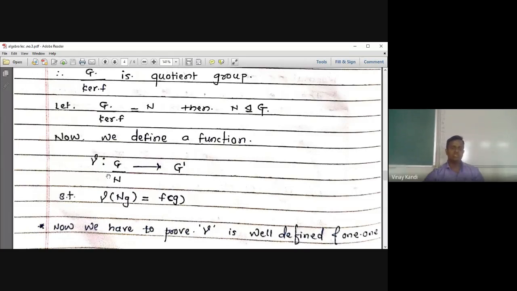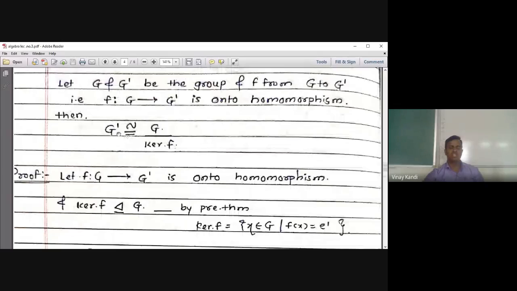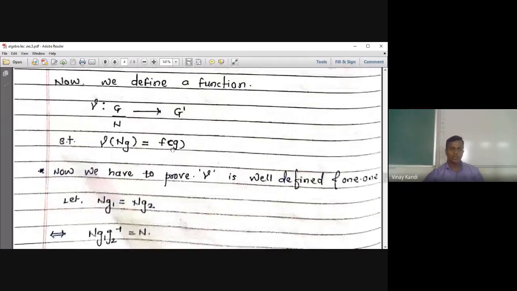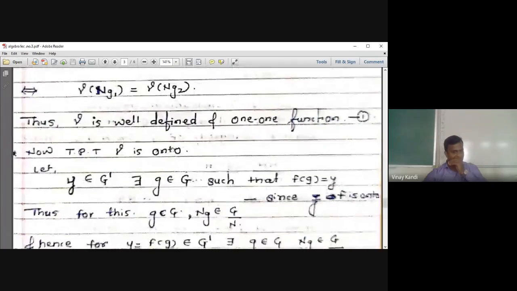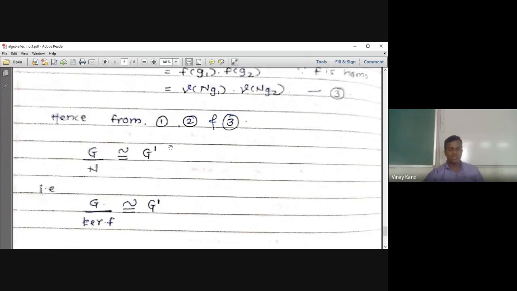It means G by N is isomorphic to G dash, which is nothing but our statement: G dash is isomorphic to G by N, where N is nothing but the kernel of f. So here we have proved the first isomorphism theorem.